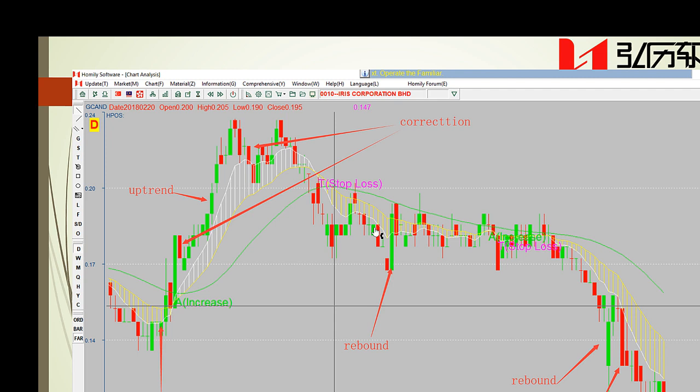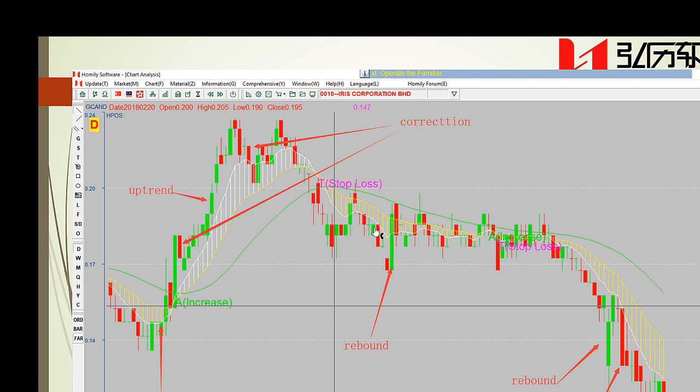After that we can see here a young candlestick, so it is right, the price is rising. But here we can see the price is still below the green line, right?